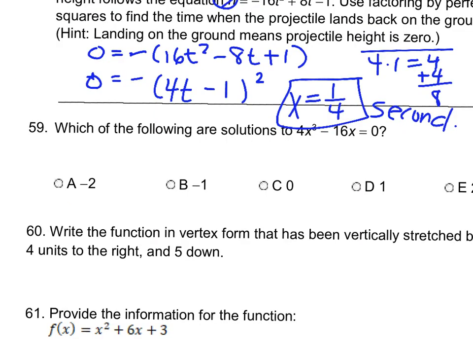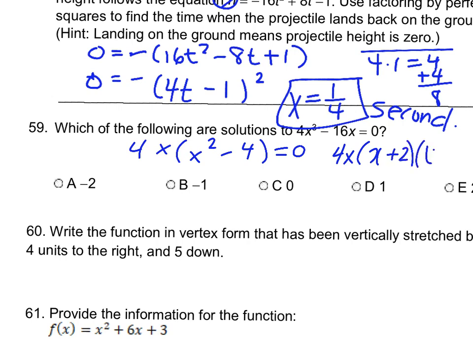We want to find out in this problem which of the following are the solutions to the problem. Now it does have a GCF of 4x. That leaves me with that, but I still need to factor in 2 difference of squares. So I am going to have 4x times x plus 2 and x minus 2 equals 0.